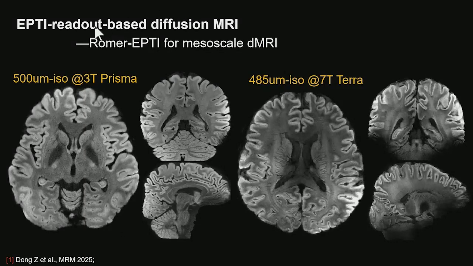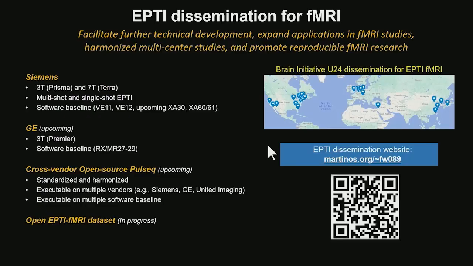We also show that, not only for fMRI, the EPTI readout can also be used for other contrasts. We recently achieved really high-resolution diffusion MRI at 500 micron at 3T, as well as even higher resolution at 7T, where you can see the hippocampus layers and detailed structures.